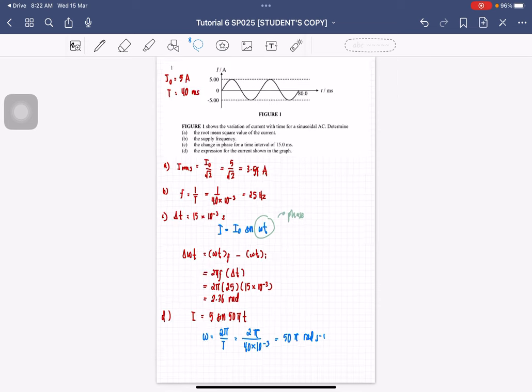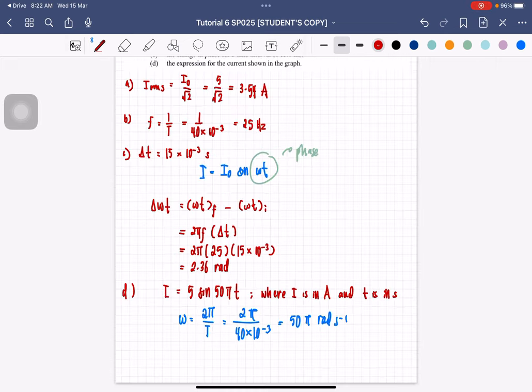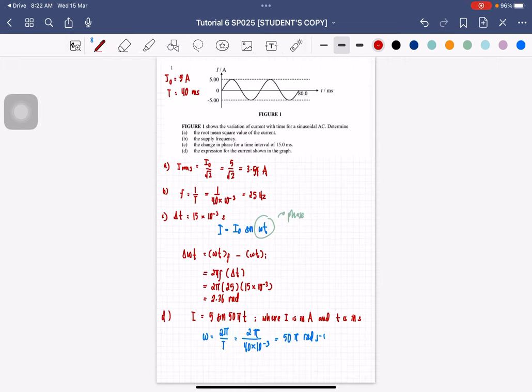Oh, wait, I forgot to include where I is in ampere and t is in seconds. All right. Okay, so yeah, this is the solution for question number 1.